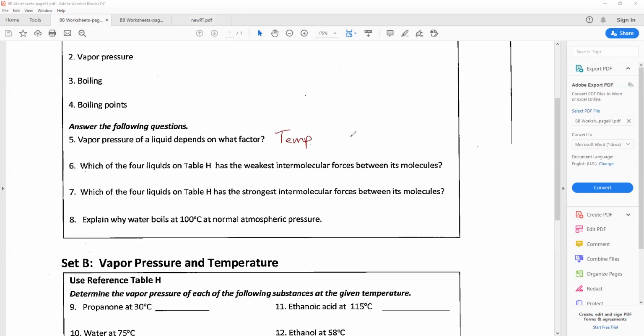Vapor pressure depends on the temperature. As the temperature increases, vapor pressure increases also, a direct relationship. Which of the four liquids on table H has the weakest intermolecular forces between the molecules? What did we say? Weakest intermolecular forces means highest vapor pressure.